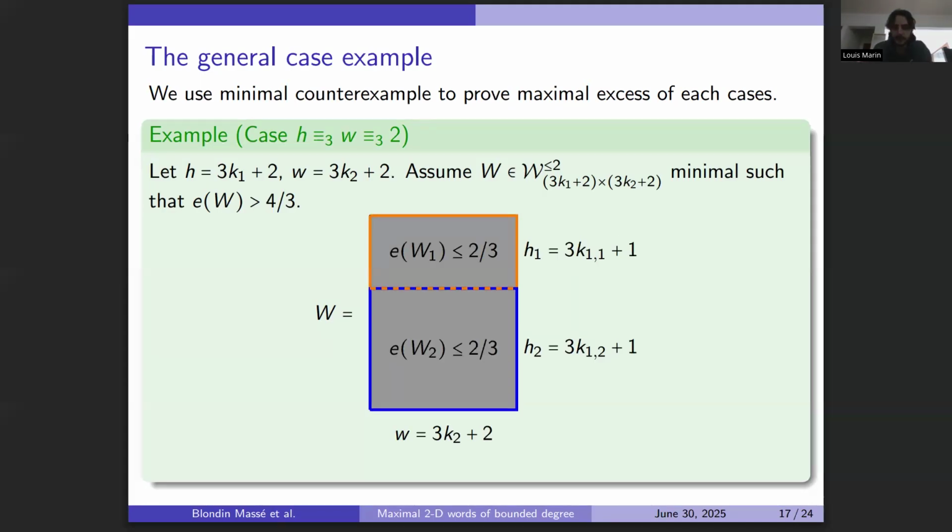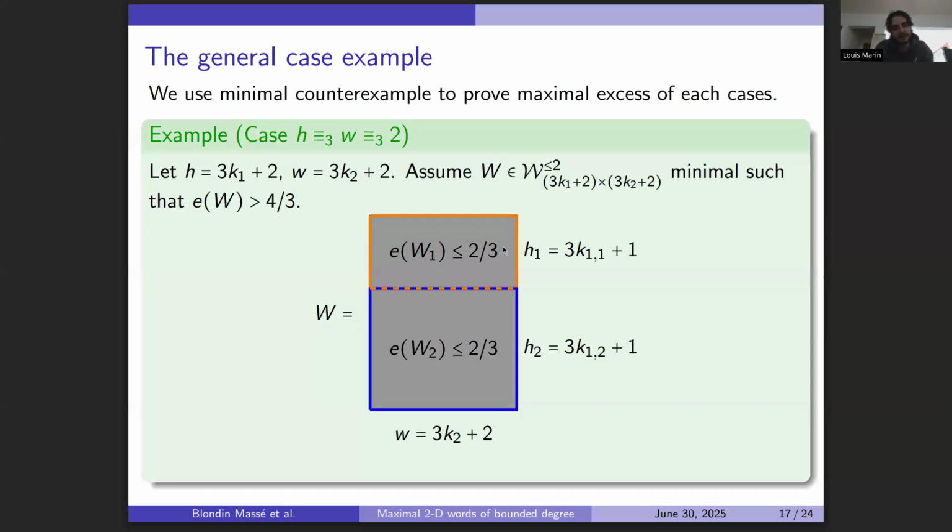But we know from hypothesis and from our base cases that the excess of the orange factor can never exceed 2/3, and similarly for the blue factor, because both of them are in the same case of congruence with regard to 3.